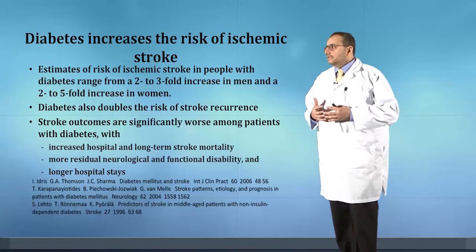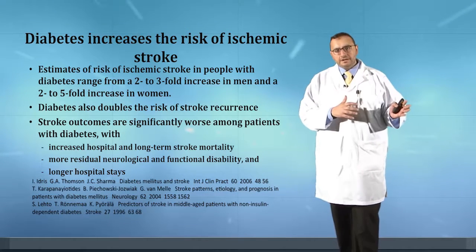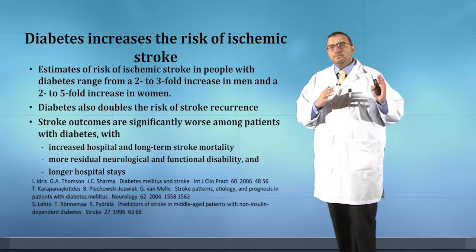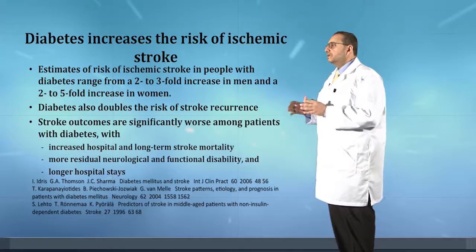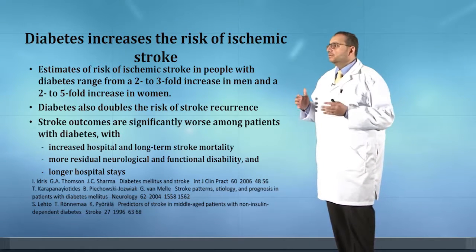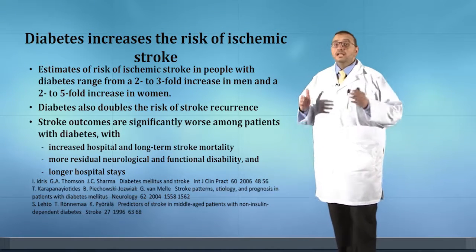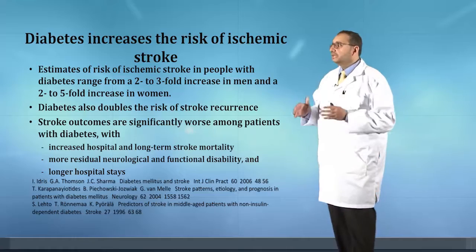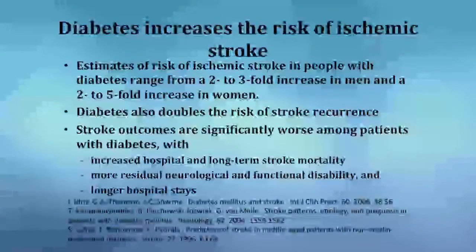If we go to the other part of the body, which is the brain, they estimate that the risk of ischemic stroke in diabetic patients will be 2 to 3-fold increased in men and 2 to 5-fold increased in women who are diabetic compared to non-diabetic patients.